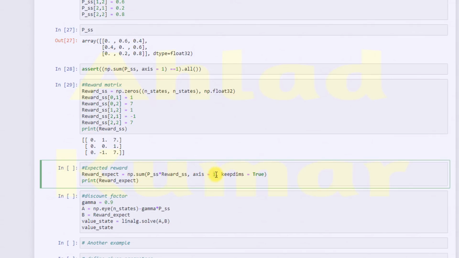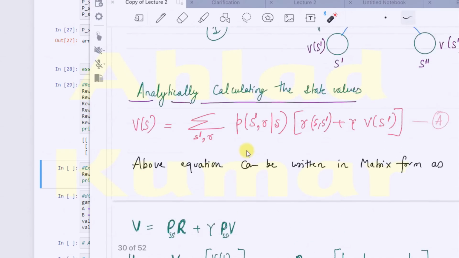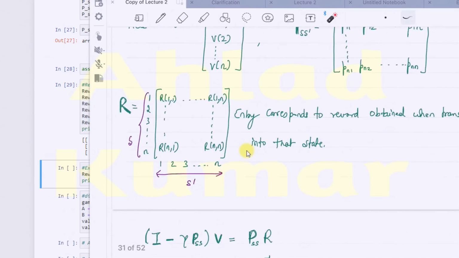We are summing up along the columns because if you see the equation corresponding to the value function, we are actually summing up over all the futuristic states S prime. All the futuristic states S prime are along the columns. So if you see here, all the columns will have the futuristic states S prime.